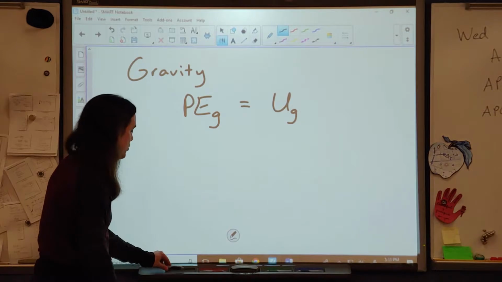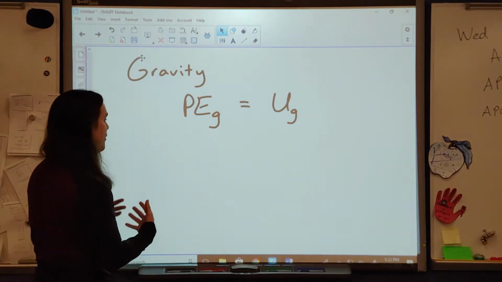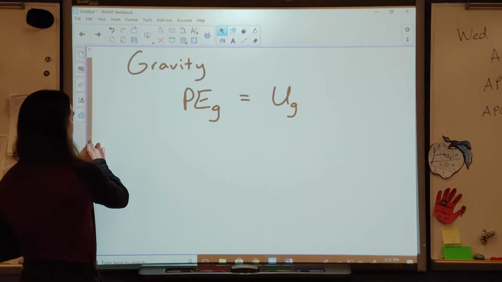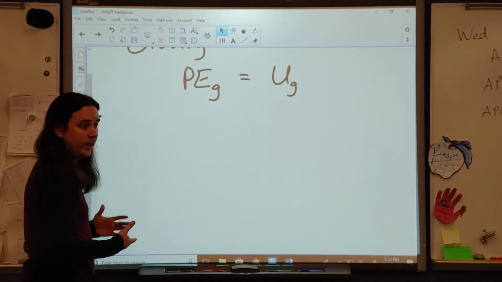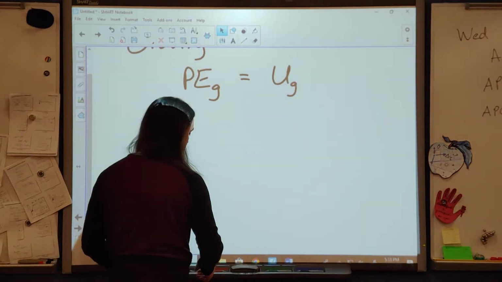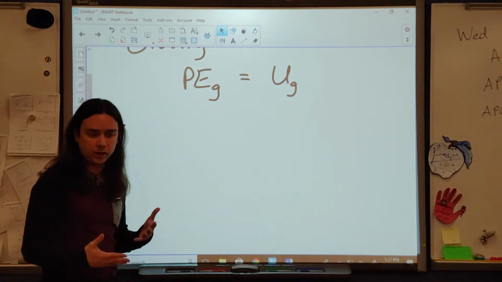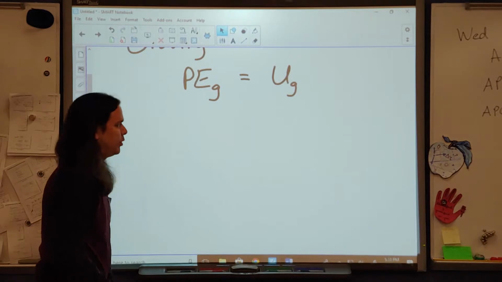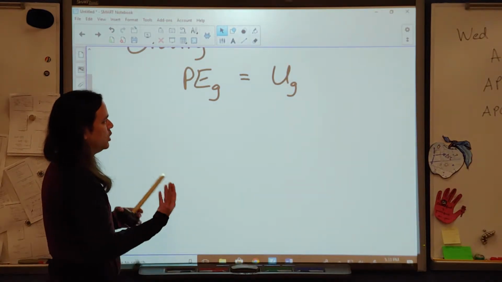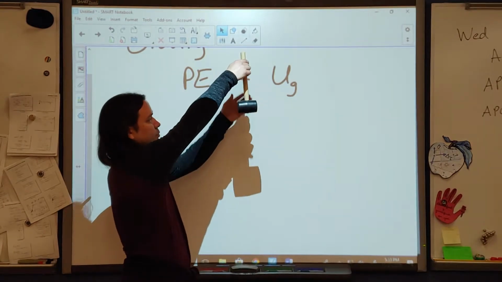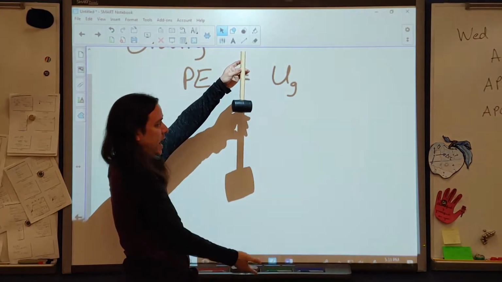Now, what we found is many times, for a system that's undergoing motion with conserved energy, in other words only has conservative forces acting on it, you'll find that you have kinetic energy and potential energy kind of working, I don't want to say against each other. What they're actually doing is, as you lose one, you gain another. So for instance, if I take an object, it has some gravitational potential energy, being some height up.